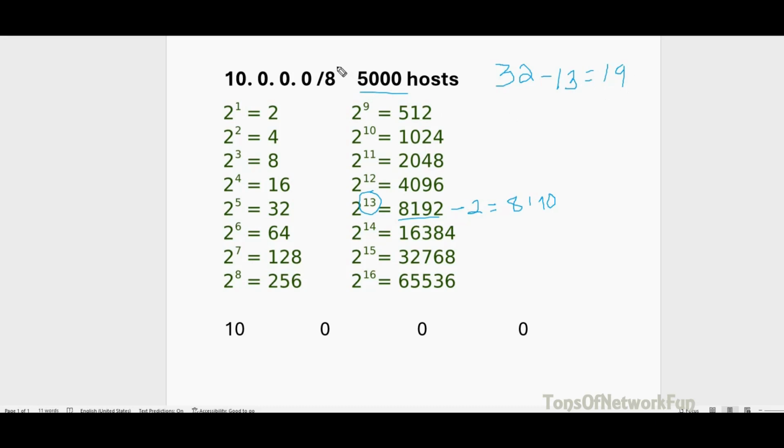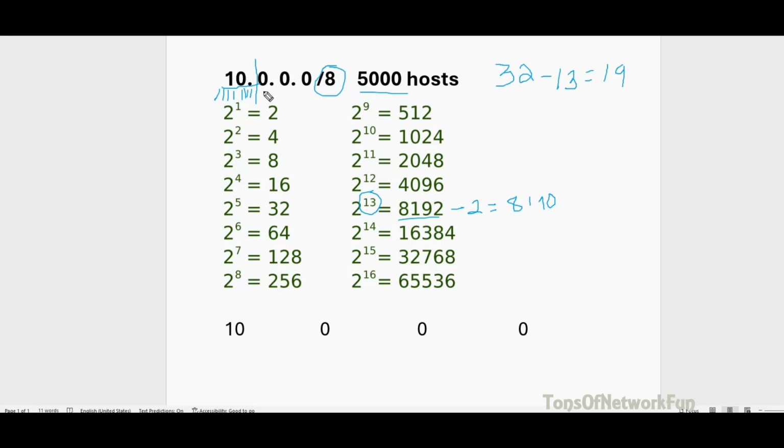So it was 8, 8 was given to us. How this 8? Because here we have 8 network bits. This slash value represents the network bits. So we have 8 network bits under 10. This was the network, that's why it's 8. All these zeros are the host part. Now we have changed to 19. That means this second octet will be converted to network.